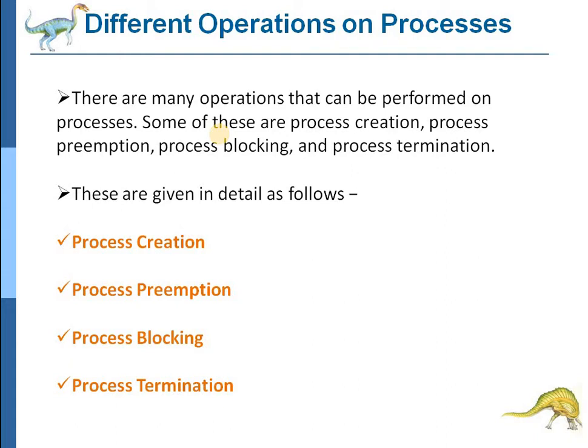The system should provide mechanisms for the creation and termination of processes. We will focus on the two main operations, creation and termination of processes. Simultaneously, other operations are performed on processes, like process preemption, process suspension, and process waiting or blocking.